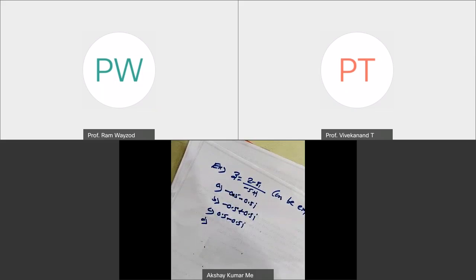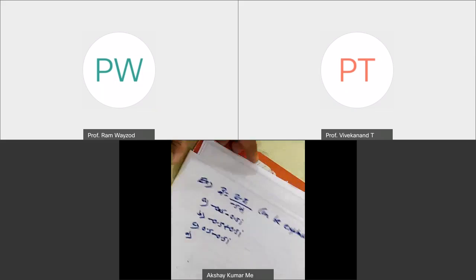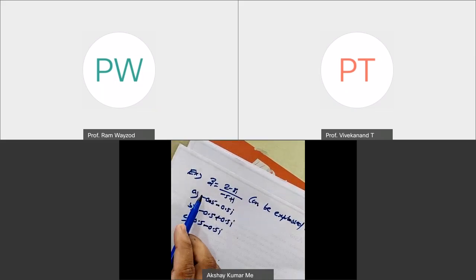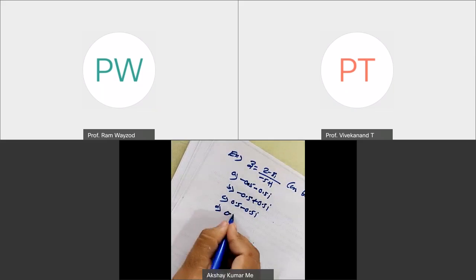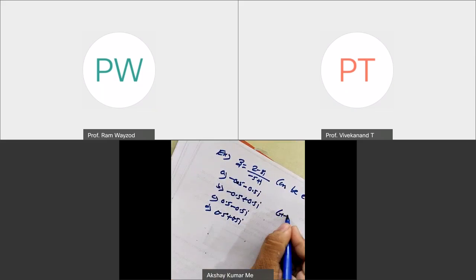Okay. Here, we have to find the expression for z, where z is 2 minus 3i upon minus 5 plus I. It can be expressed as, here are the options: A, minus 0.5 minus 0.5 I; B; C; and option D, 0.5 plus 0.5 I. This was asked for 1 mark.